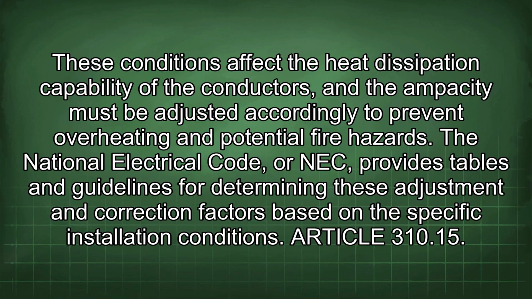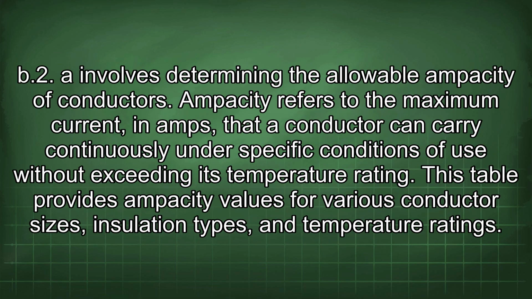The National Electrical Code, or NEC, provides tables and guidelines for determining these adjustment and correction factors based on the specific installation conditions. Article 310.15(B)(2) involves determining the allowable ampacity of conductors.